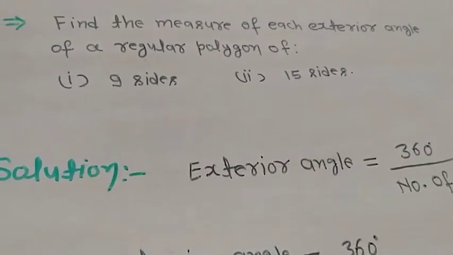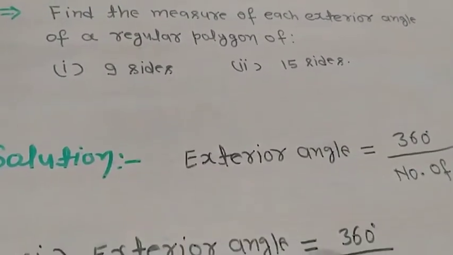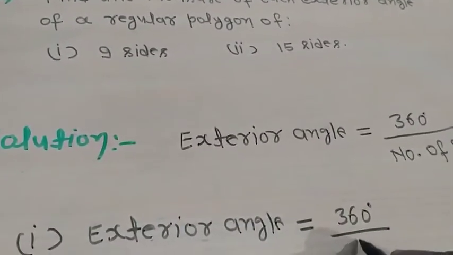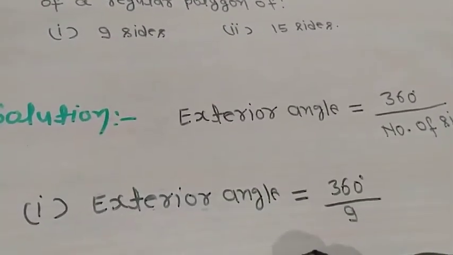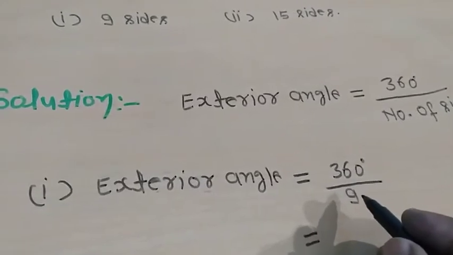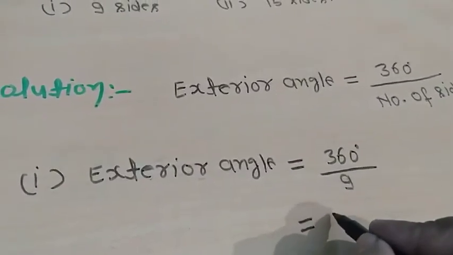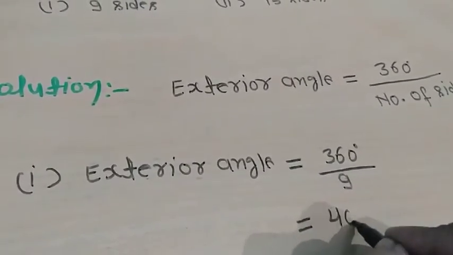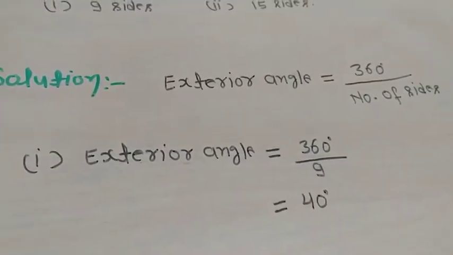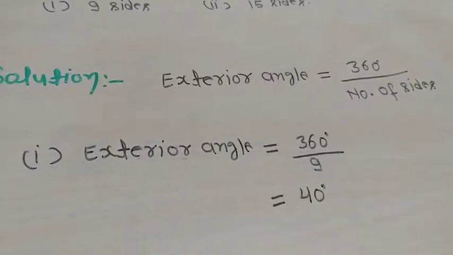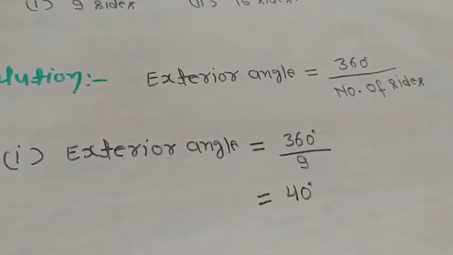Okay, clear? So 360 by 9, 40 times. So what is the exterior angle? 40 degree.